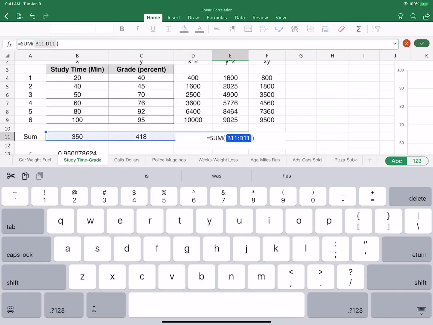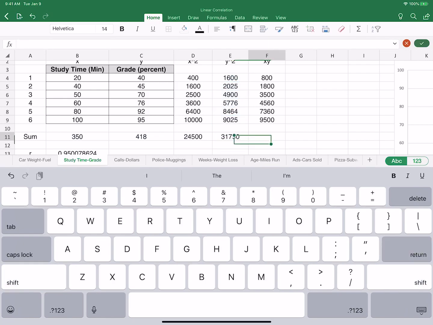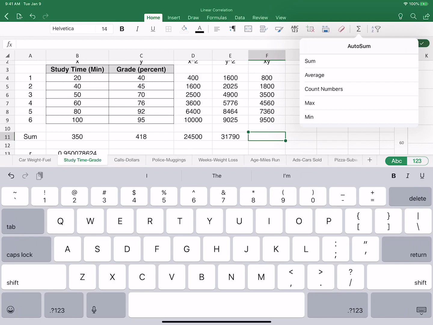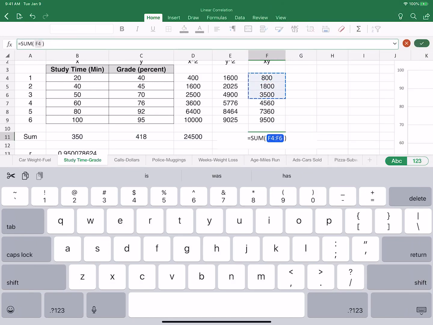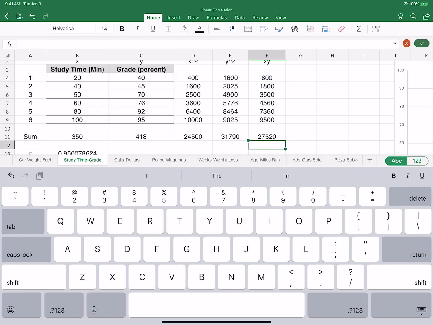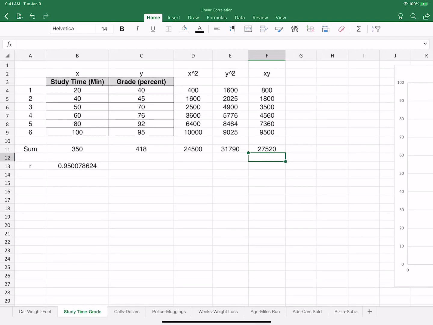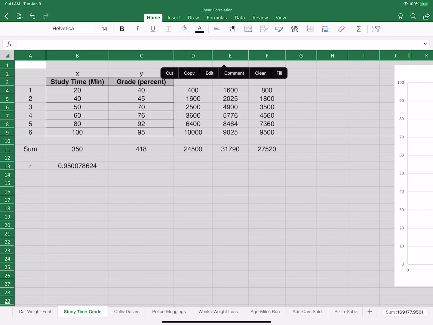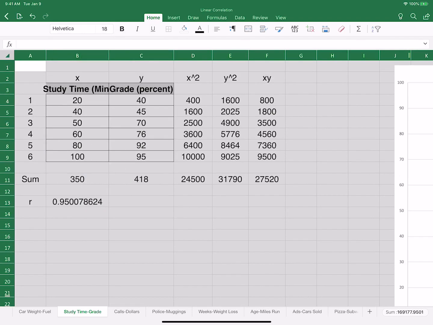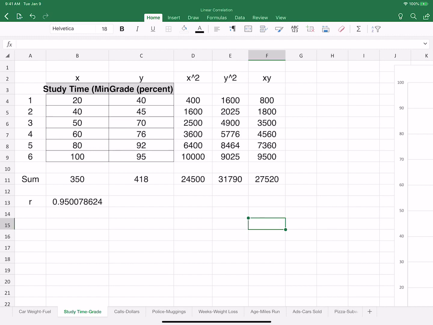Nope, we're adding the column, not the row. Okay, you guys see that there? All right, you guys see that there? Maybe that's a little better for you guys.